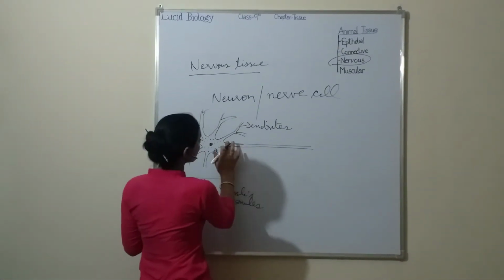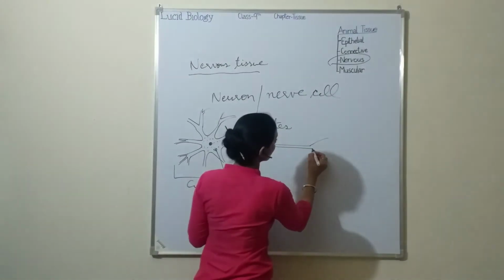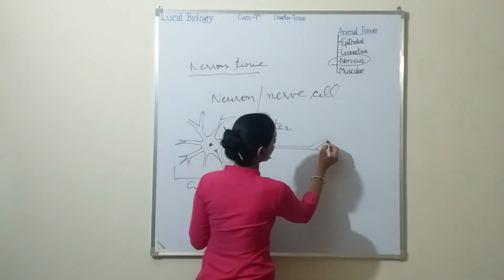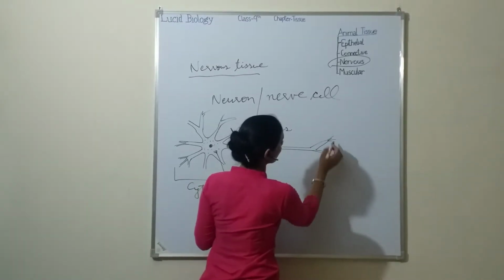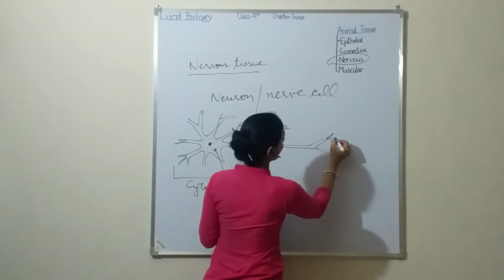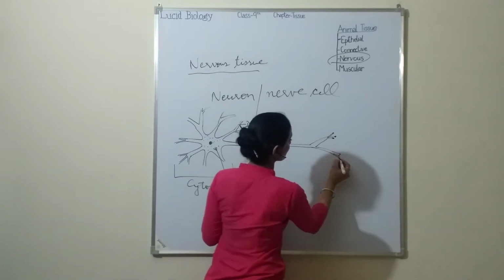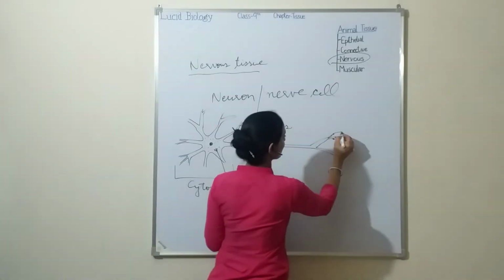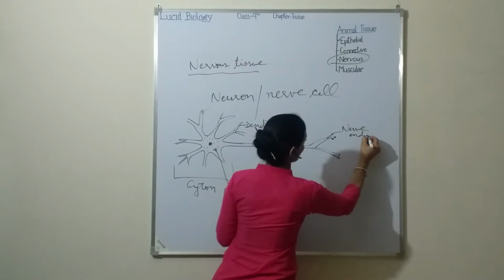At the end it has branches or swollen parts. We call these terminal ends nerve endings.